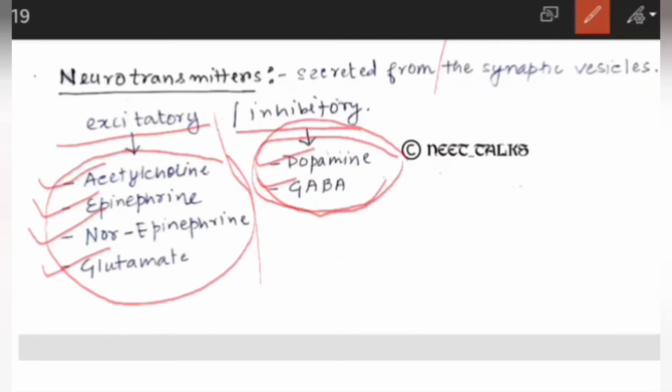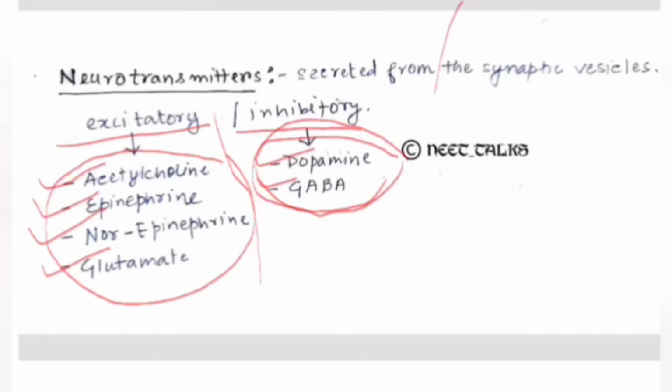But when it acts on the cardiac muscle, the receptors are different, and the different receptors make this acetylcholine an inhibitory neurotransmitter for the cardiac muscles, and this reduces the heartbeat. That is the function of the parasympathetic system, right? So I think we are done with the neurotransmitters.